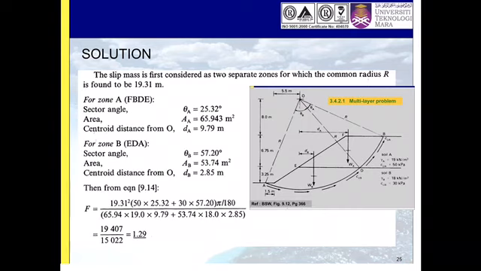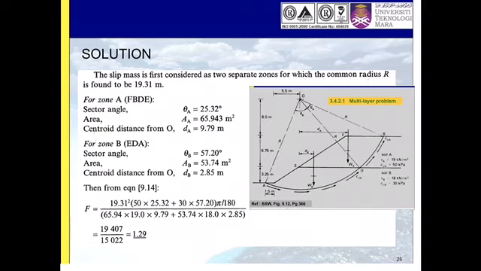The disturbing force, because we have disturbing force from the top layer and also disturbing force from the bottom layer. So WB is for the bottom layer, and we have theta B, we have AB, which is 53.74 meters squared, and DB, because the weight is at a different position, location, so we have DB and DA.